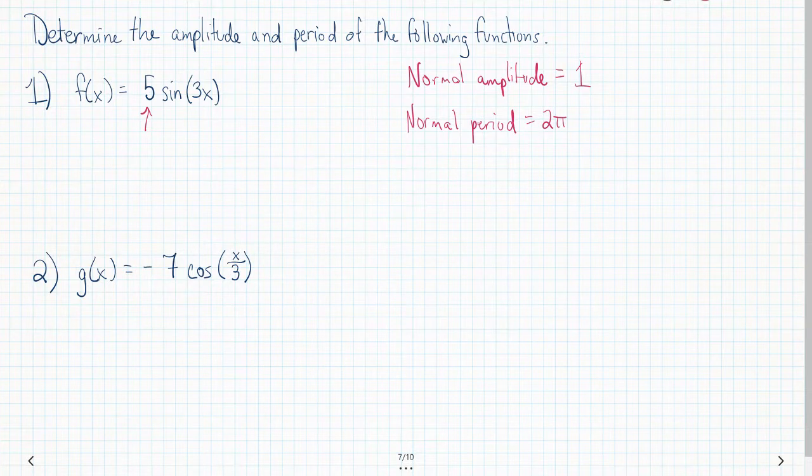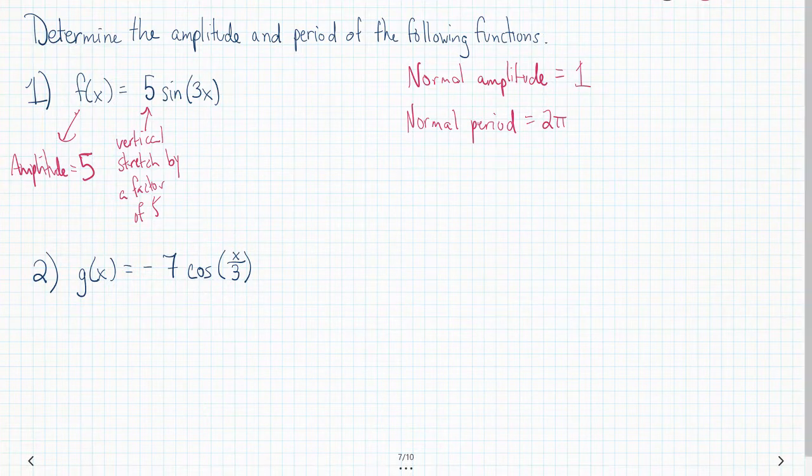So what does this 5 do? Well, that's a vertical stretch by a factor of 5. Okay. So that means if you have a vertical stretch by a factor of 5, we have a new amplitude. We multiplied essentially our amplitude by 5. So our amplitude is equal to 5.